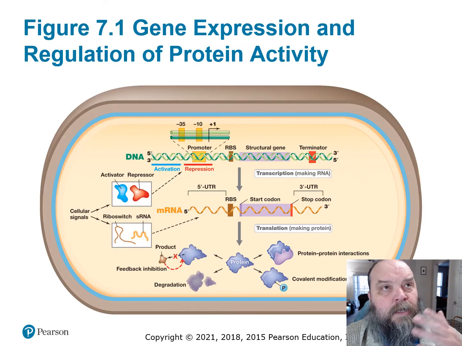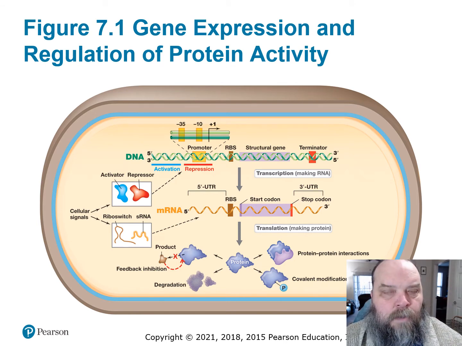So if you step back, and we're looking at this big picture right now, throughout this chapter, we'll look at specific examples. Big picture. Some external signal triggers a signal cascade of some sort inside the cell.